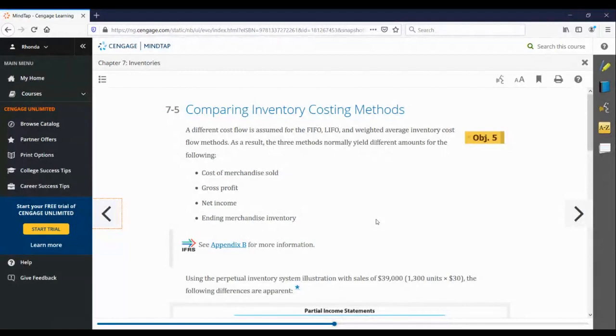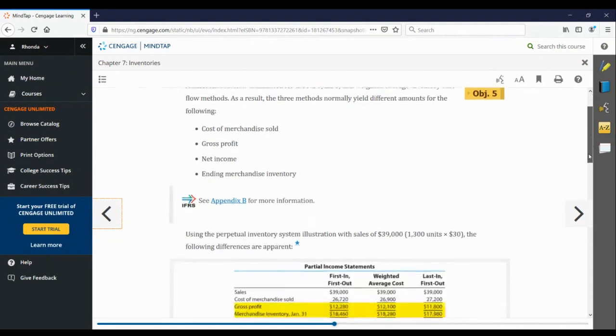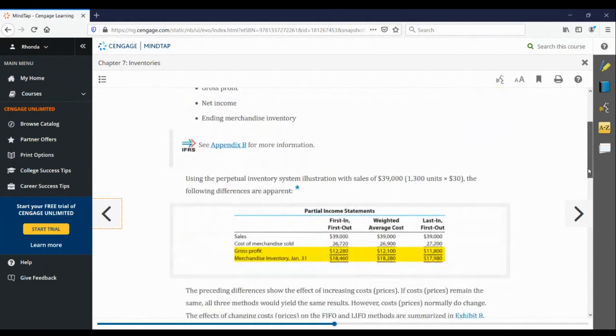And so what you should be seeing right now on your screen is a picture of your textbook on page 358. What I would like for you to look at in particular is a table that represents each one of the different types of inventory valuation methods that we've talked about.